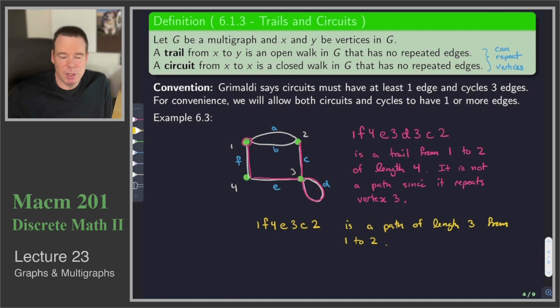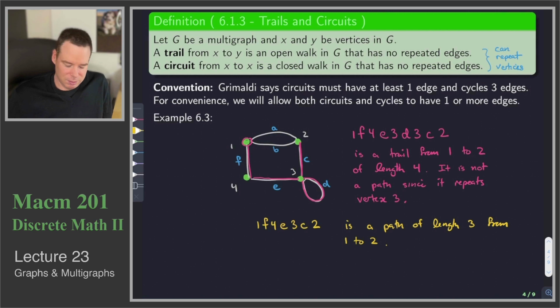There's no repeated vertices. And if you think about this, if you don't repeat a vertex, there's no way you can repeat an edge. So by necessity, a path must be a trail, because a path doesn't have a repeated vertex. If it did have a repeated edge, it would also have to repeat the vertices at the ends of those edges. So a path by necessity is a trail.